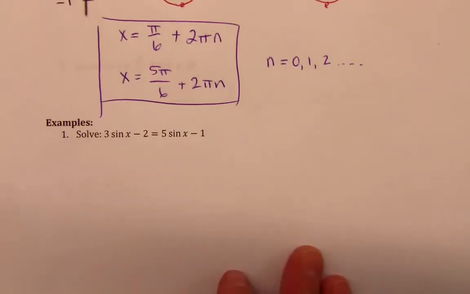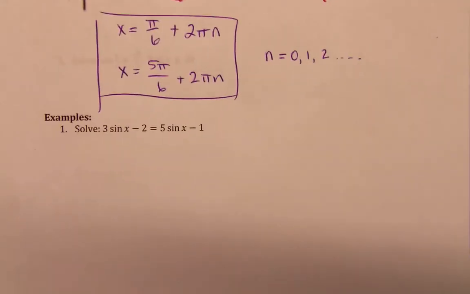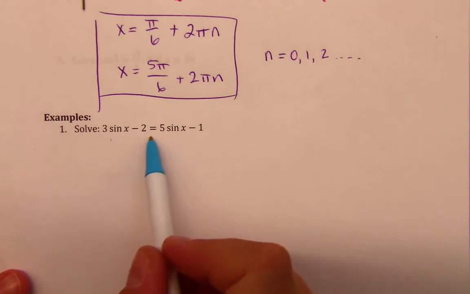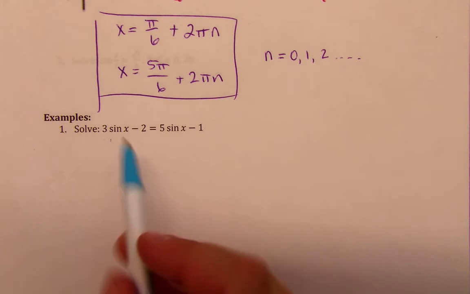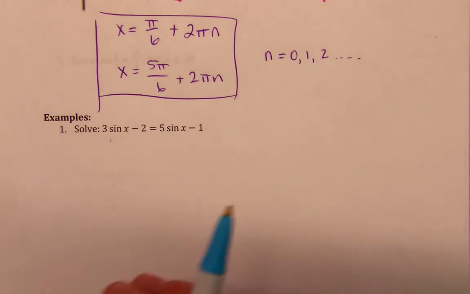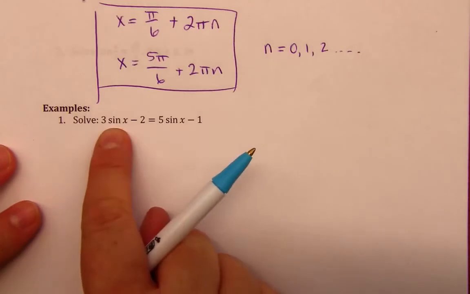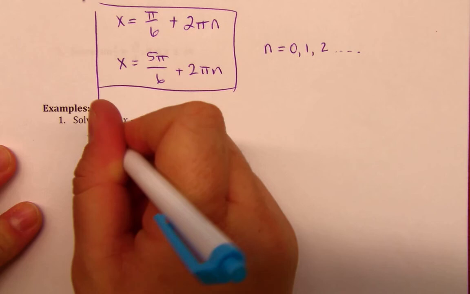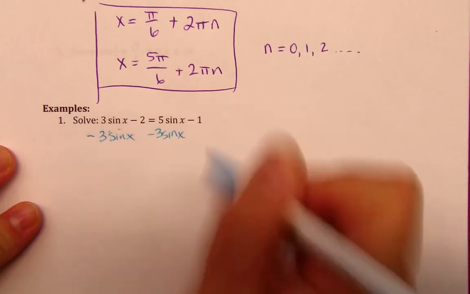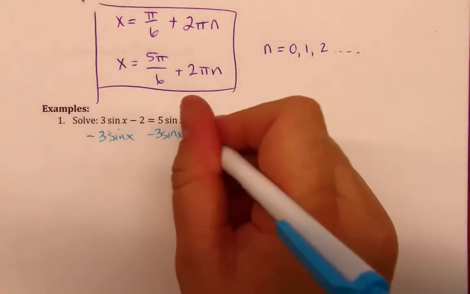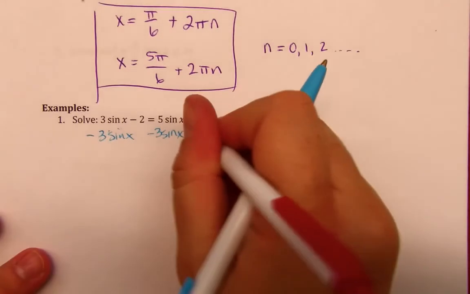Now let's go ahead and solve a more complicated equation here. We have sine x minus 2 equals 5 sine x minus 1. So let's go ahead and solve this, and we can treat this kind of like just regular x's. So I have 3 sine x over here and 5 over here, so I'm going to subtract 3 sine x, and I'm going to add 1.